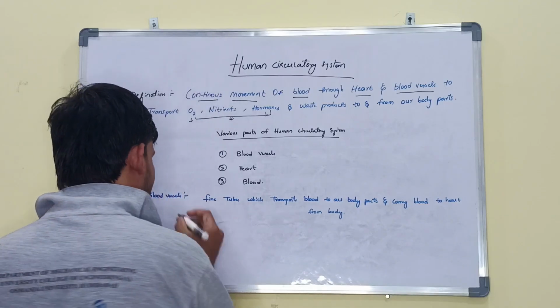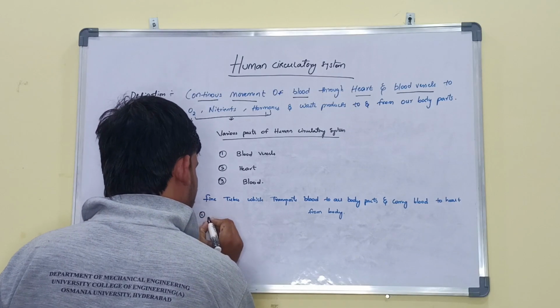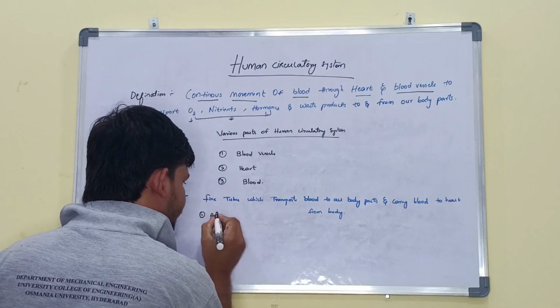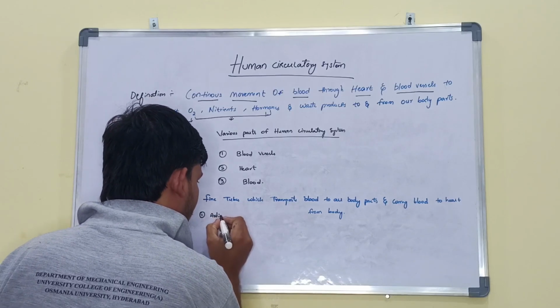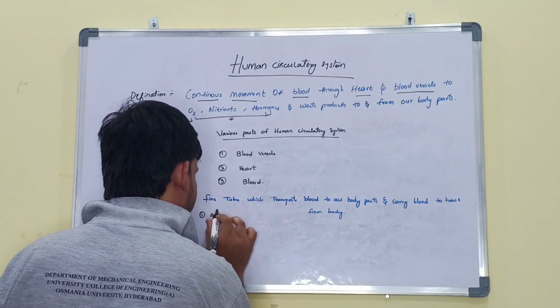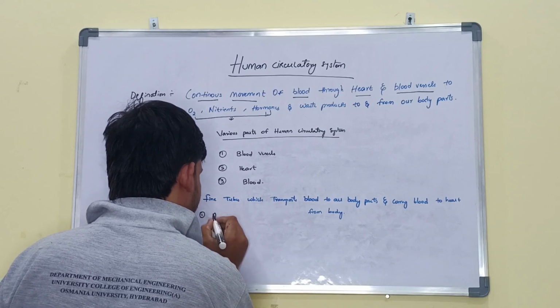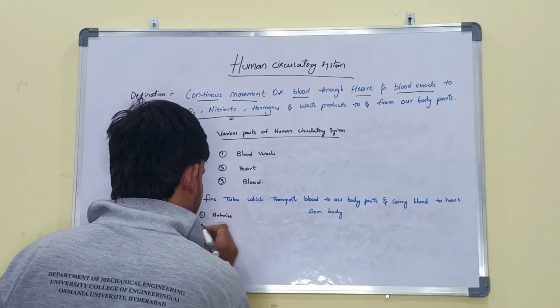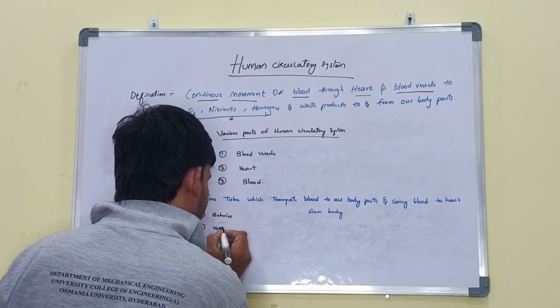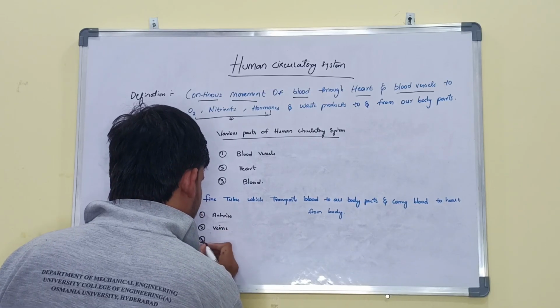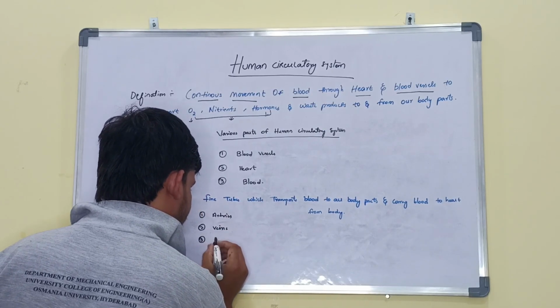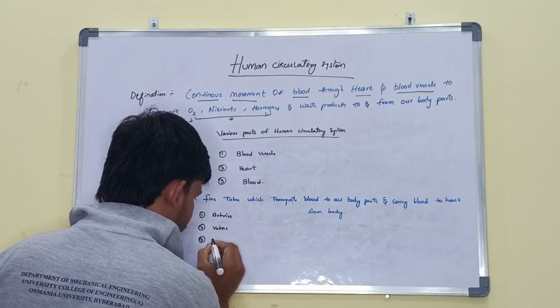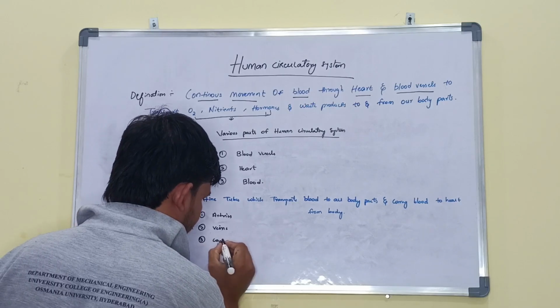These blood vessels are divided into three types. They are arteries, second one veins, third one is capillaries.